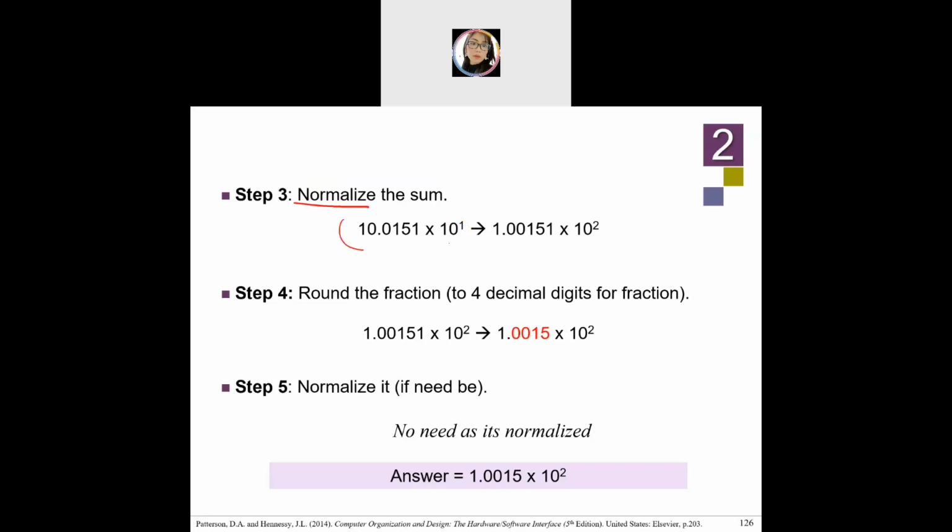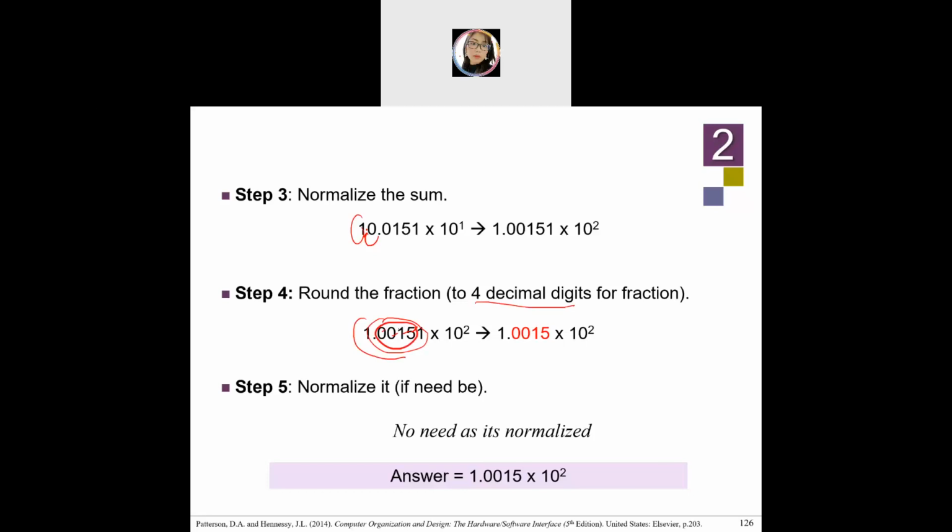Is this normalized or not? Not, right. So in IEEE, what are you going to do? You're going to go to the left here. Stop until here. We have 1 in front. Then we already have normalized. The equation mentions that the fraction value is only until 4 decimal digits. 1, 2, 3, 4.